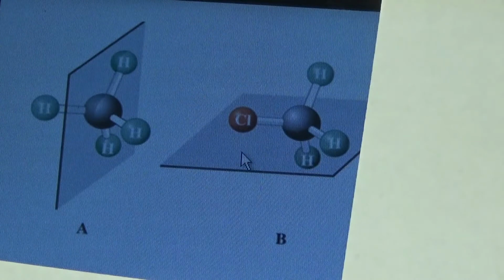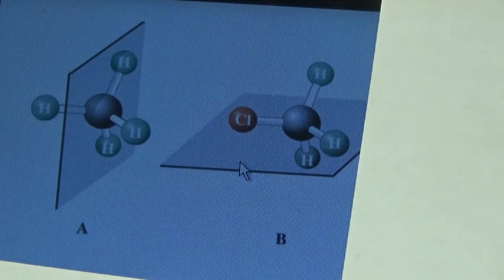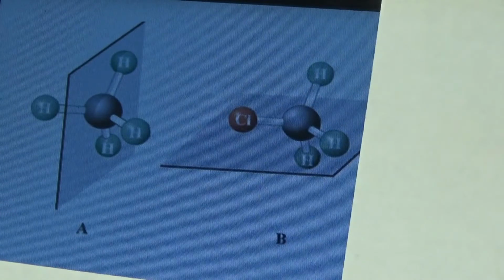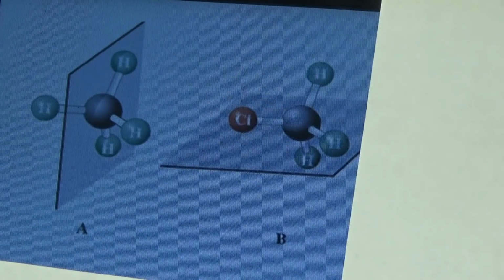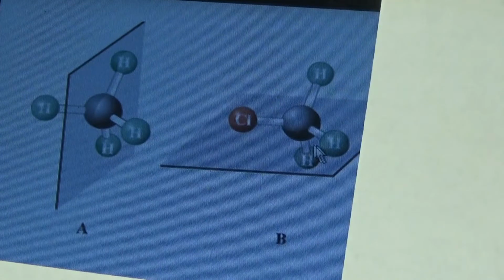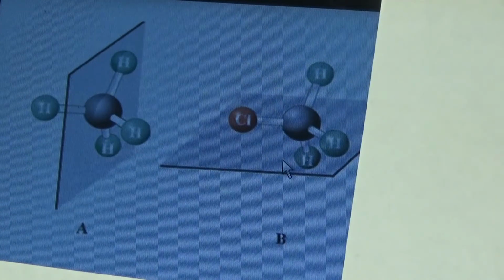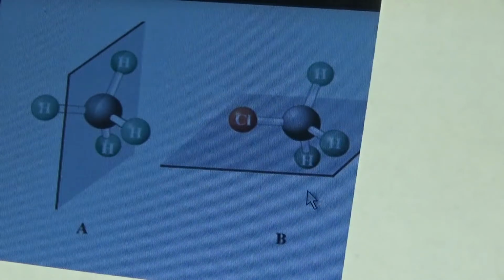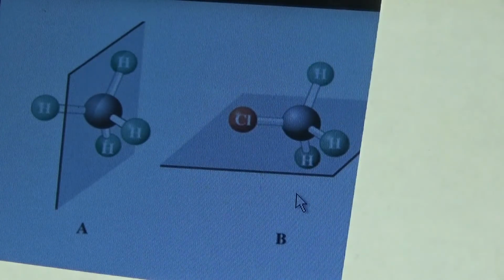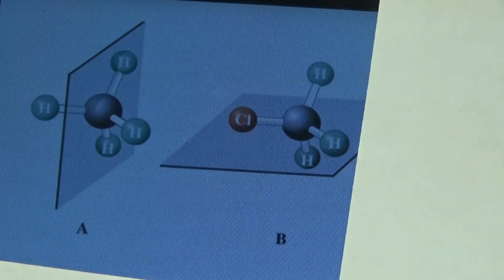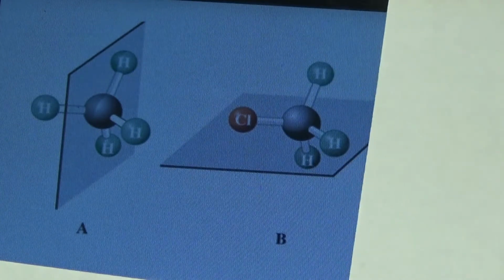How many unique things do you need on a carbon to make it chiral? You need 4 things on it, right? So, of course, chloromethane is achiral. There's not 4 things, but we're just trying to show this idea that if you can find a plane of symmetry, it is an achiral molecule.